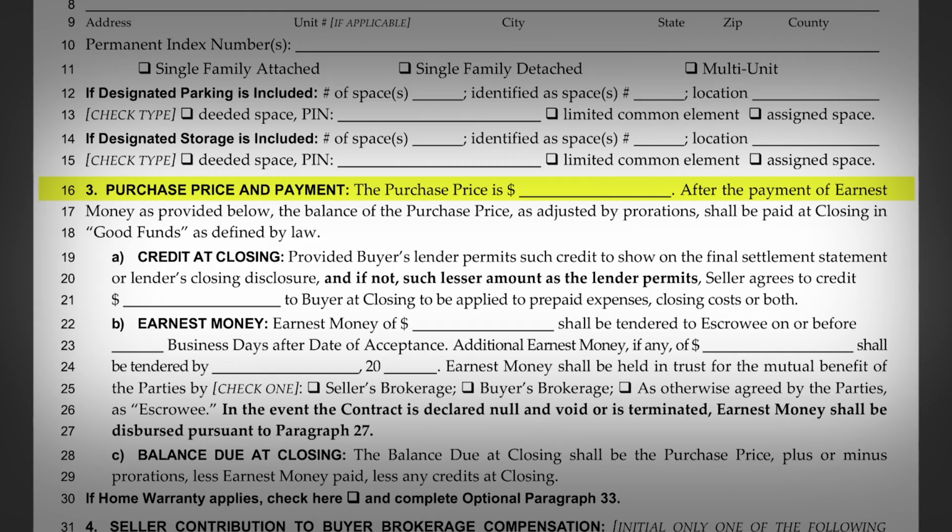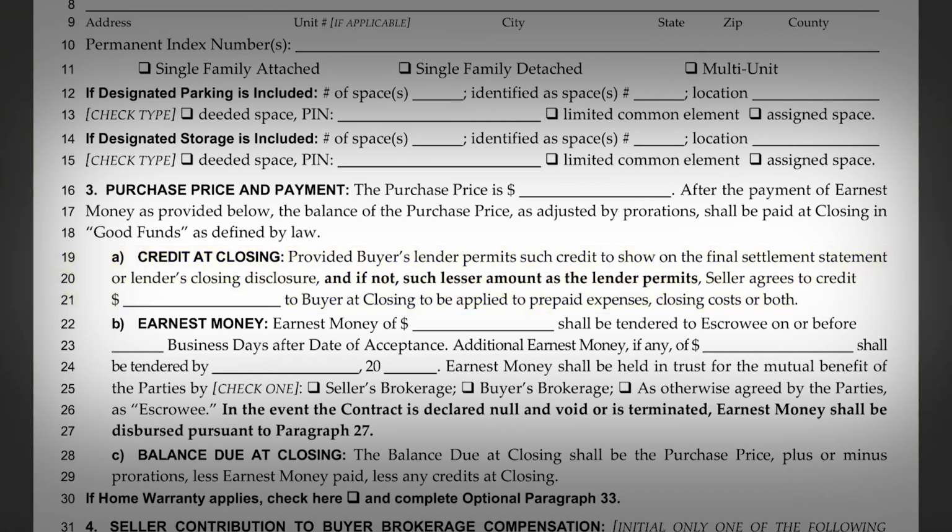So, once again, the purchase price on line 16, and they talk about that it's going to be paid at closing with good funds, as they put in there. And then lines 19 through 21 talk about if you are doing any type of credit at closing. Okay, so this is right on page 1, line 19. If that's what your buyer is asking for, this is where you put it.